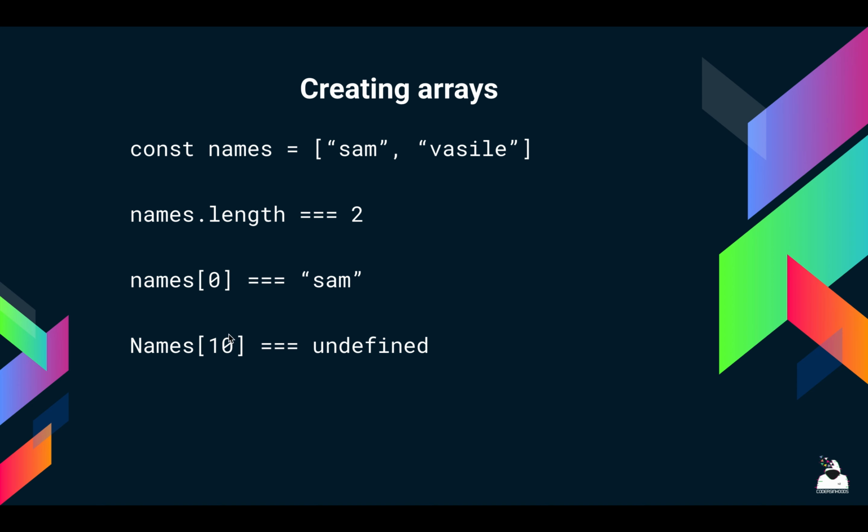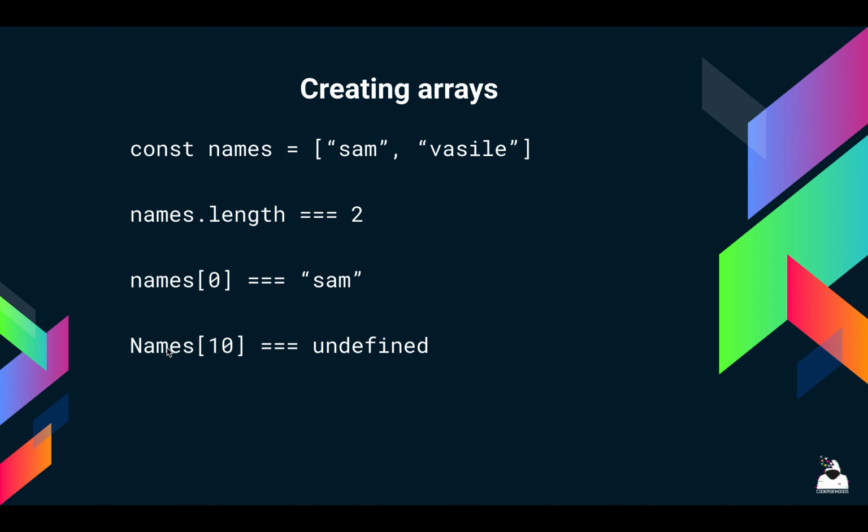On this line, we're trying to get the value at index 10. So in English, the 11th position in the array. But this array only has 2 elements in it. It doesn't throw an error. It allows us to do this, but it just says that there is nothing stored at index 10 on this array collection.